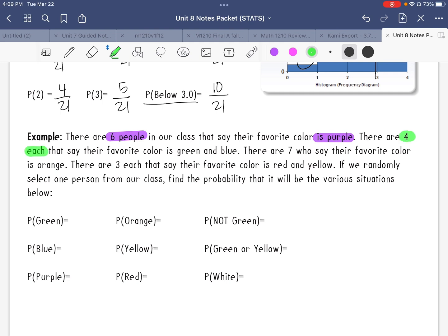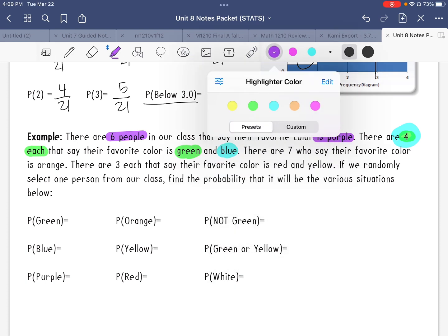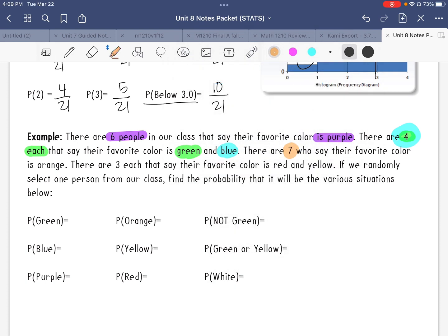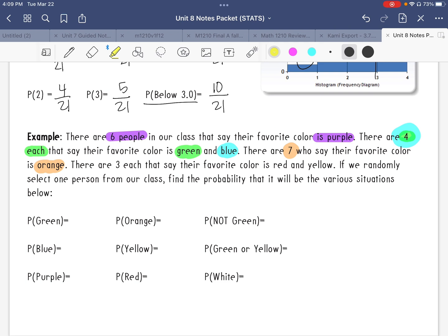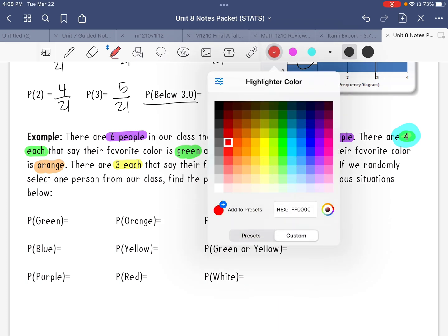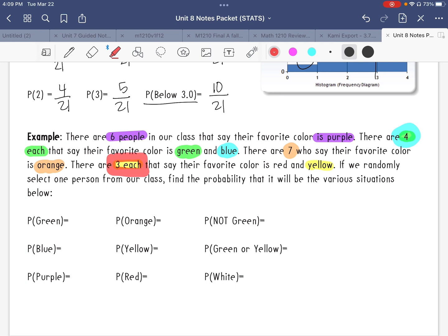So that means there are 4 with green, but it also means there are 4 blue. There are 7 who say their favorite color is orange. And there are 3 each that say their favorite color is red and yellow. So again, 3 each means there are 3 yellow, but there are also 3 red.